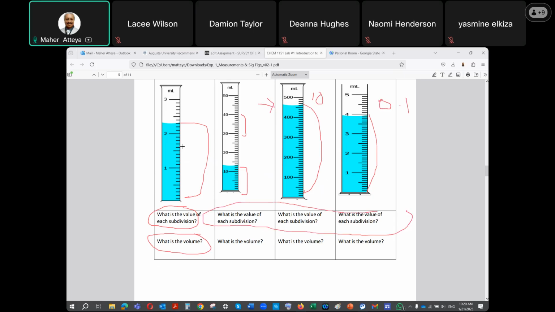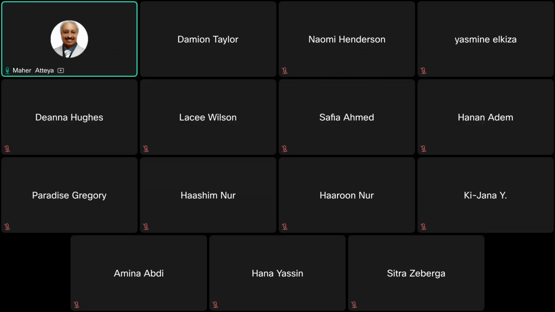And this one, as you can see, goes 0.1, 0.1, and this one here is 1, correct? 54, yeah, 0.1. So this is, we'll finish the volume itself.